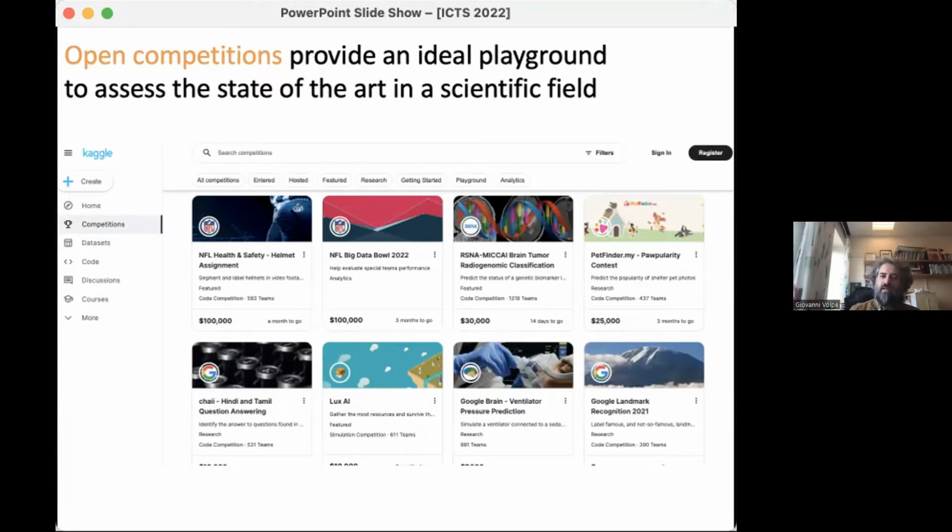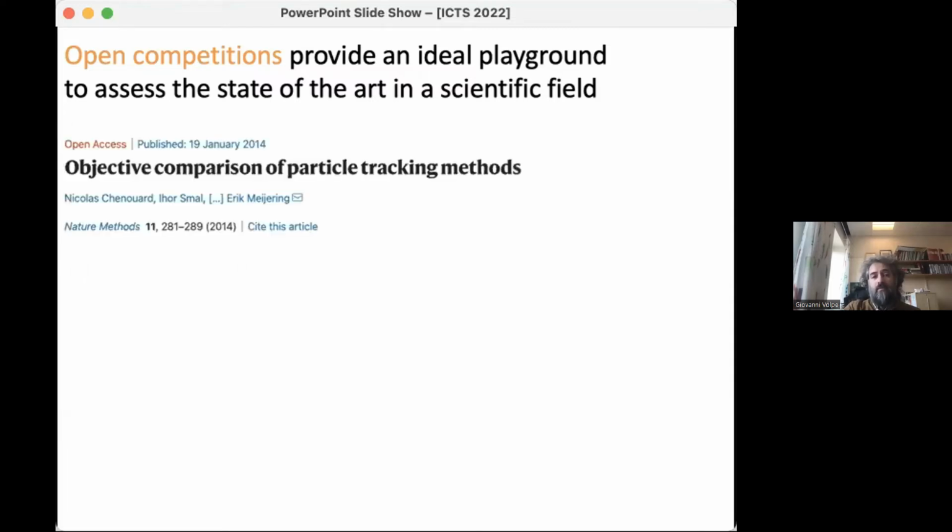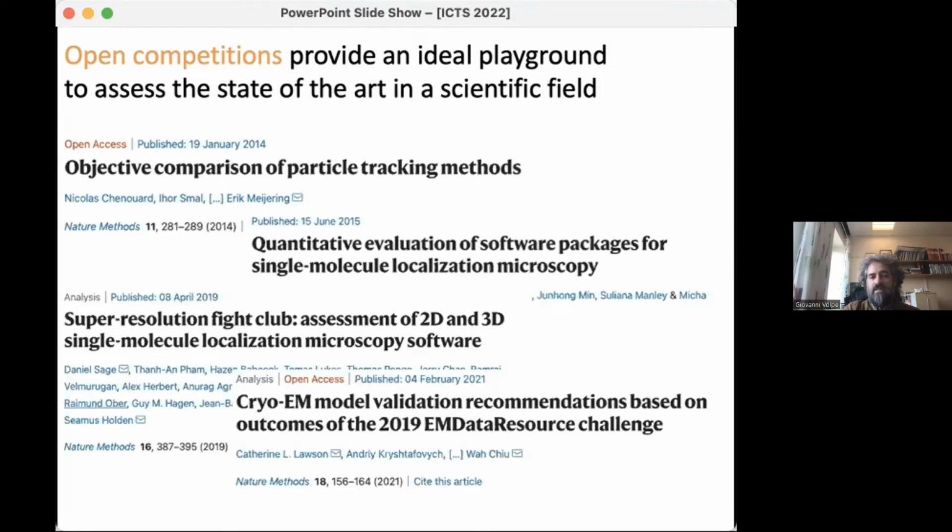So we decided to organize such a competition. And then obviously the question is, what do we really want people to compete on? Well, this was also inspired by the fact that there are lots of competitions published in journals in the last years. For example, a lot of competitions are about particle tracking or single molecule localization microscopy, and so on. All these works were published in the last 5-6 years.